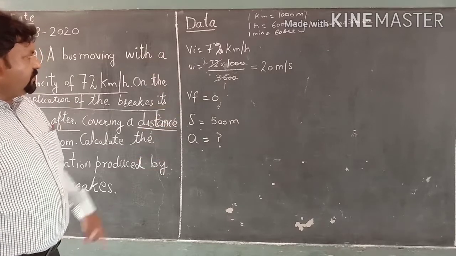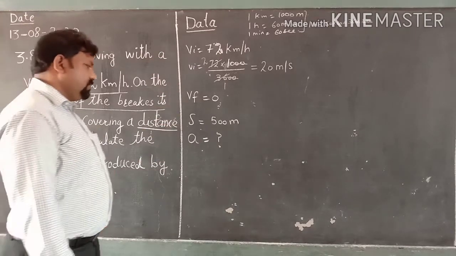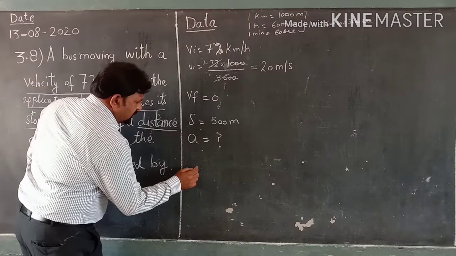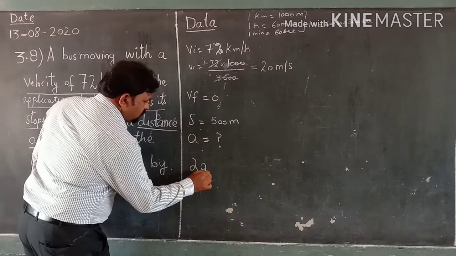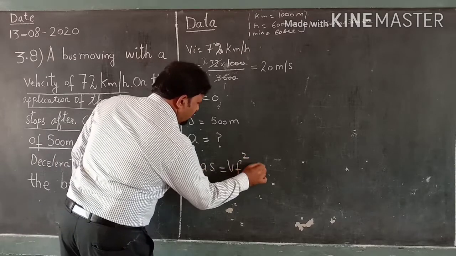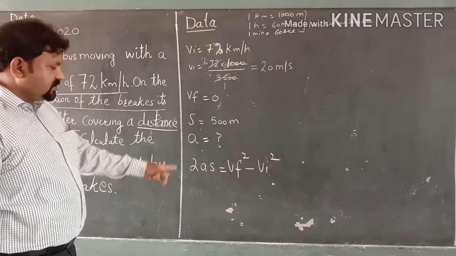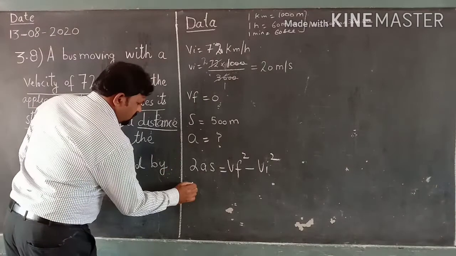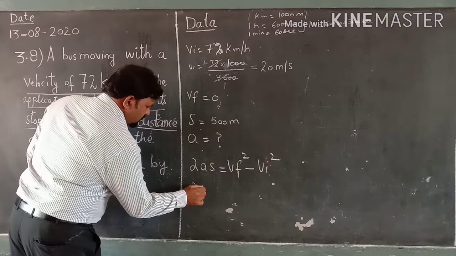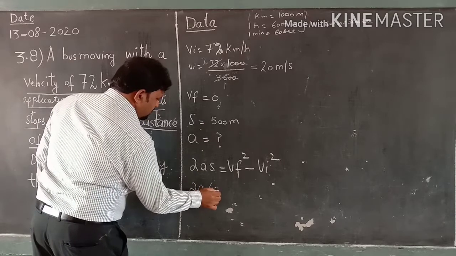So to solve this numerical, we will use the third equation of motion. The third equation of motion is 2as is equal to vf square minus vi square. Now we will put the values. 2a we have to find, and the value of s is equal to 500.